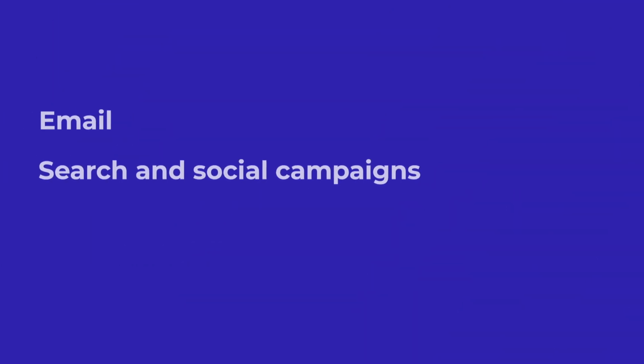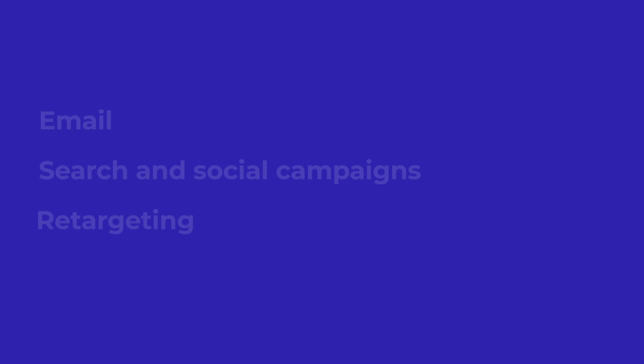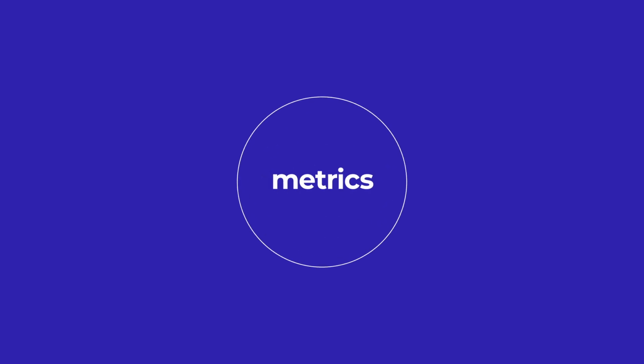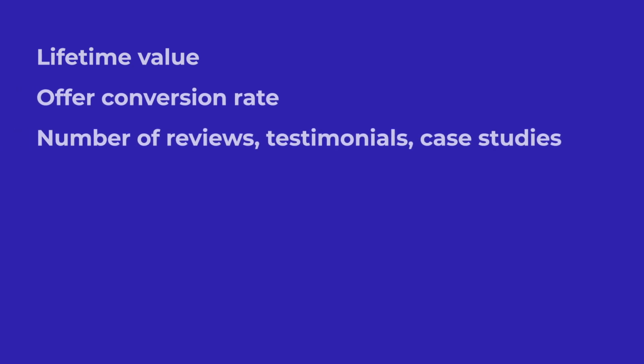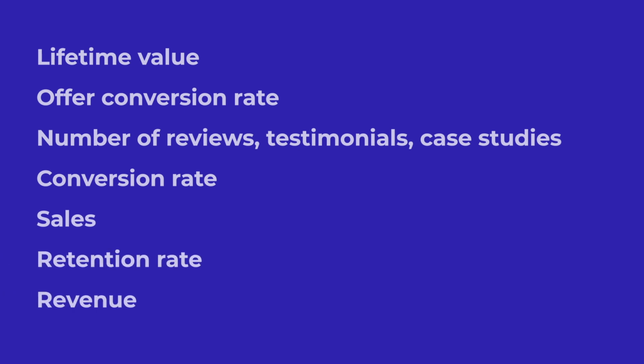So good channels to use to reach people in the advocacy stage: email and the associated customer match search and social campaigns, and retargeting. And some metrics that you might want to measure are lifetime value, offer conversion rate, number of reviews, testimonials, case studies, conversion rate of your review, testimonial, case study campaign, sales, retention rate, revenue.